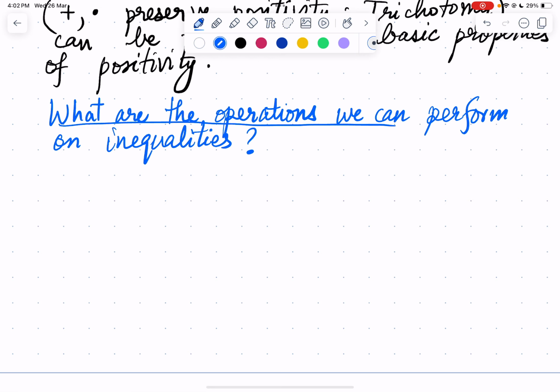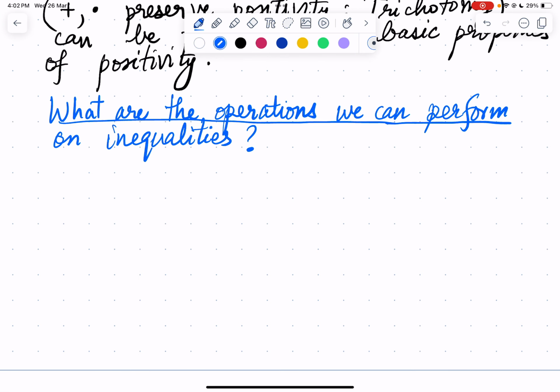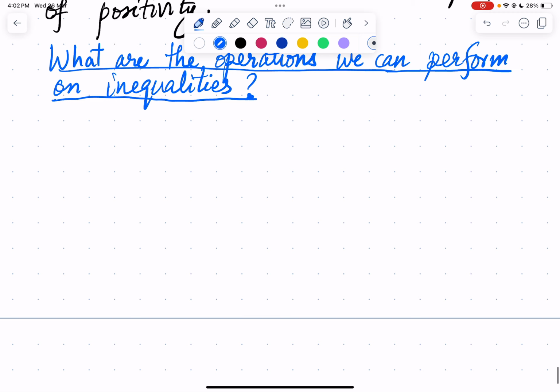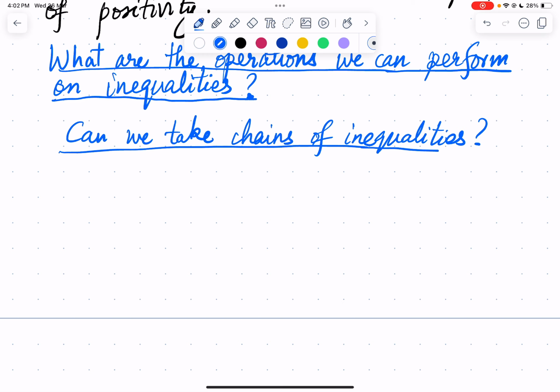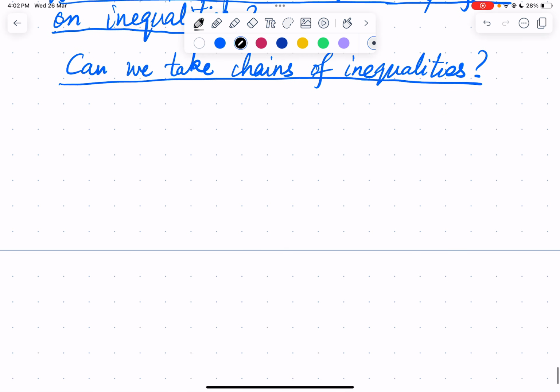How do we manipulate inequalities in a vague sense? What are the operations we can perform on inequalities? So we can ask a more specific question. Can we take chains of inequalities? So here's an observation.